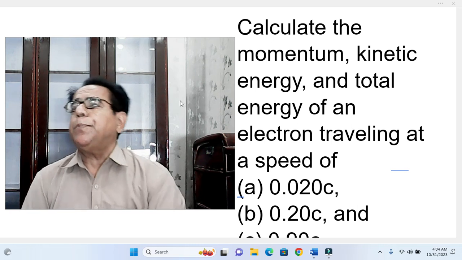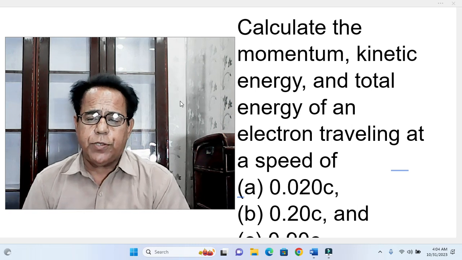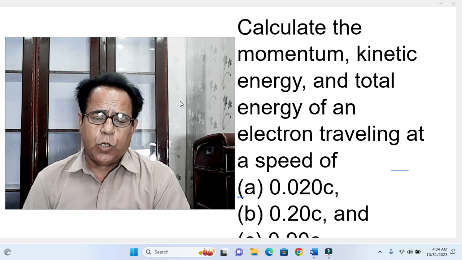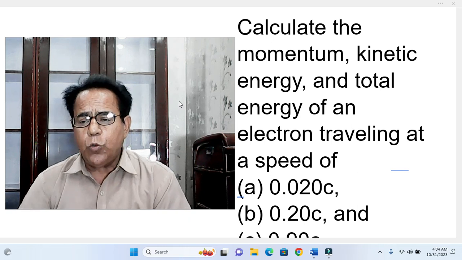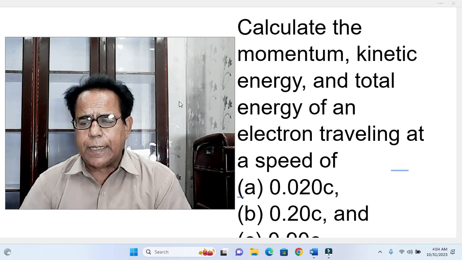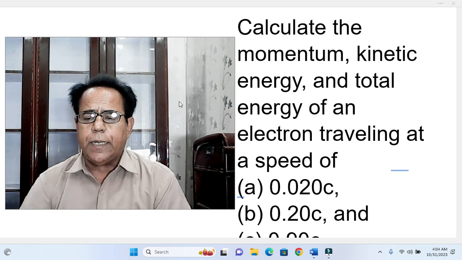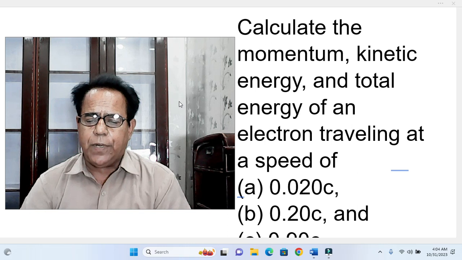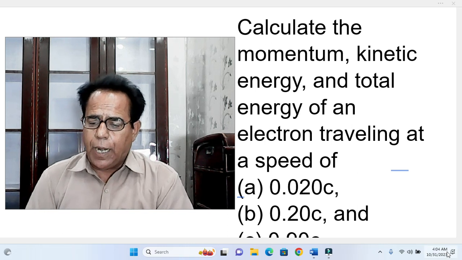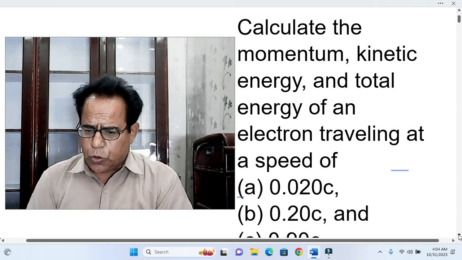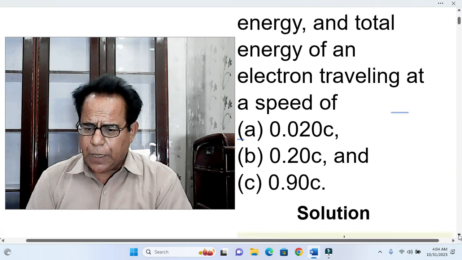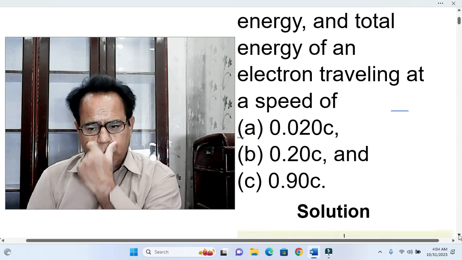This is our next problem, chosen from the book Modern Physics by Stephen T. Thornton and Andrew Rex. As usual, we first come to its statement. Calculate the momentum, kinetic energy and total energy of an electron traveling at a speed of: Part A, 0.02c, that is to say about 2% of the speed of light.